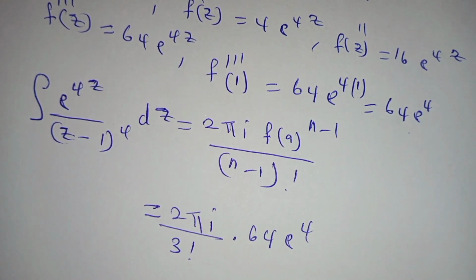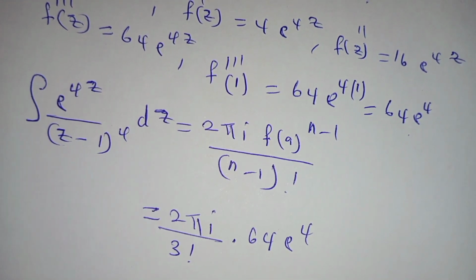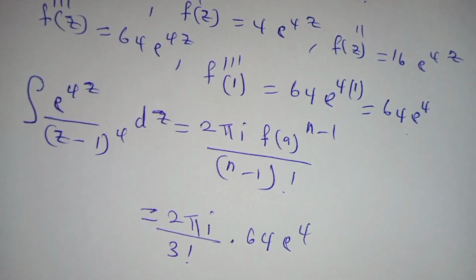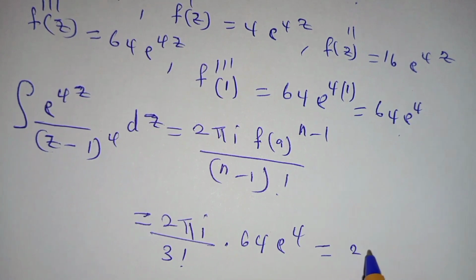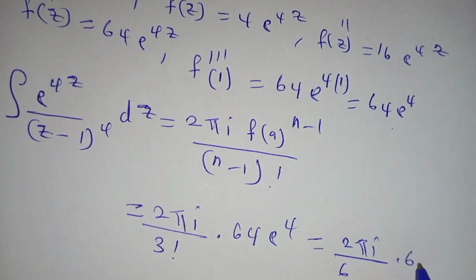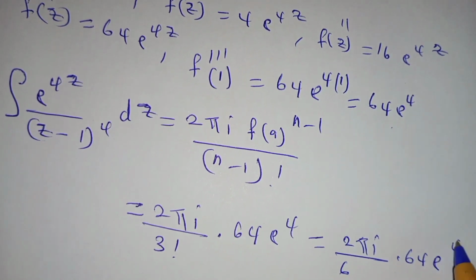Now, 3 factorial will give you 6. So this is equal to 2 pi I divided by 6 multiplied by 64 exponential 4.